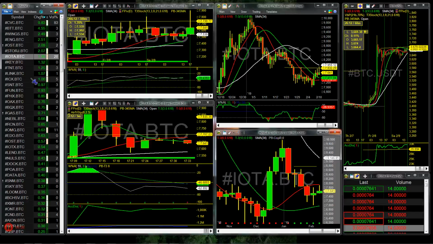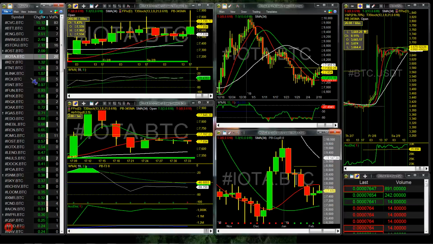IOTA still trying to make a decision, stuck between the 8 and the 13 on the 3-minute chart.